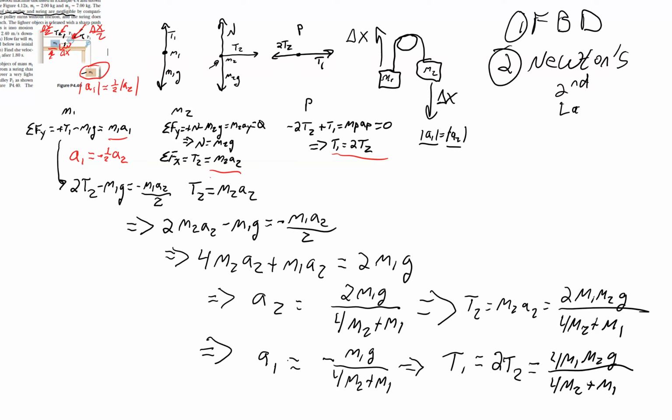Not so much breaking into components for this problem, but I still wrote in every direction I could. I wrote an equation in the x and an equation in the y. Apart from the unpleasantness of some of the algebra, the tricky part of this problem, I think, is figuring out this little bit. Probably not something you'd figure out on a first shot, but now that you've seen it done, you'll have an idea about how to go about it in the future. Okay.